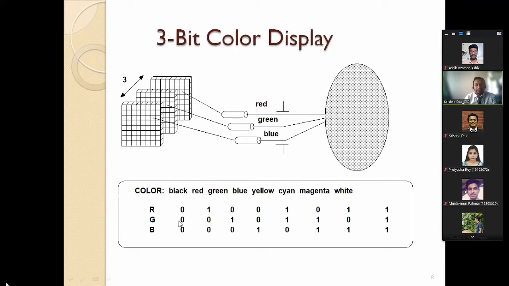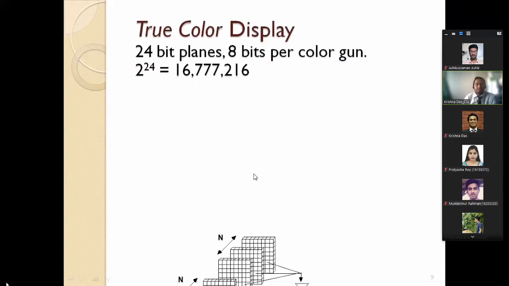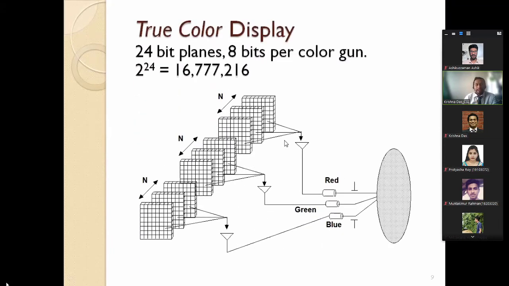Green can be like that also, and blue also. So one color in this true color display has a 24 bit combination. So a 0 1 combination of 24 bits can define one color, right?